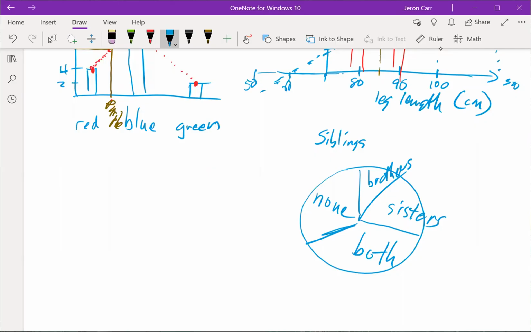Where pie charts are more difficult to use is if I'm doing something like trying to keep track of the budget of a city. Cities love to show their budgets in pie charts, but it's difficult to do that because you might know how much money goes to the mayor's salary, and you might know how much money was given to the water works department, and you might know how much money went to this department, that department, so on and so forth.